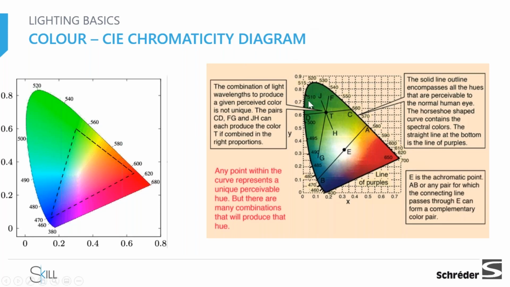Then any color inside this diagram can be made in many different ways. So the point T here can be made by mixing C with D, and also it can be made by mixing G and F, and can be made by mixing J and H. At the end, you will have the same appearance in color, but of course, the quality will not be the same, or the quality of objects under this color will not be the same.